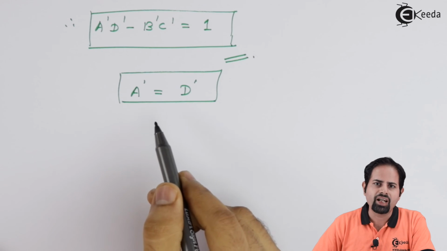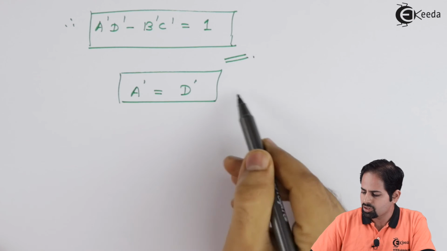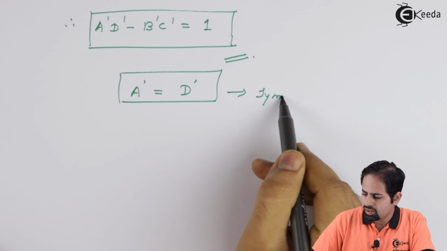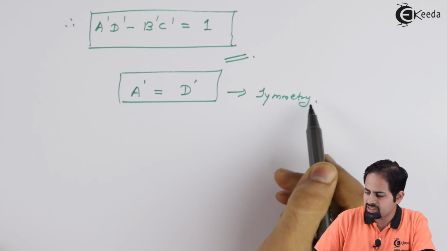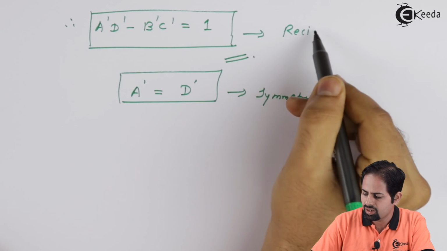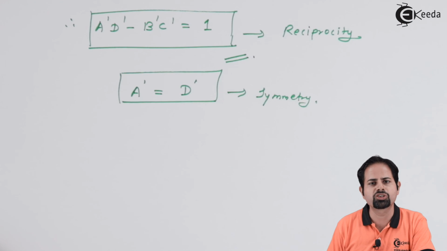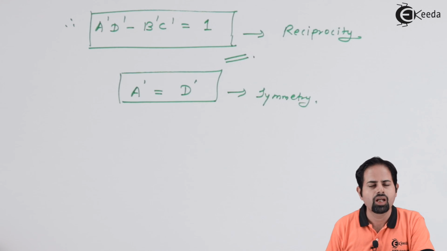So this is left as an exercise and the result is exactly same. So this is symmetry condition and this is reciprocity condition. So this is all about this topic.